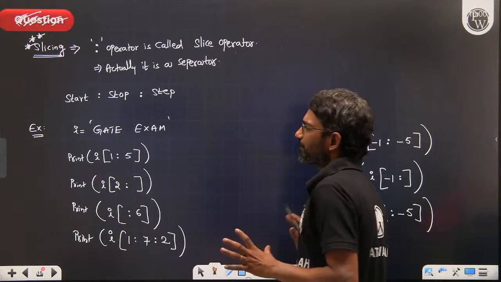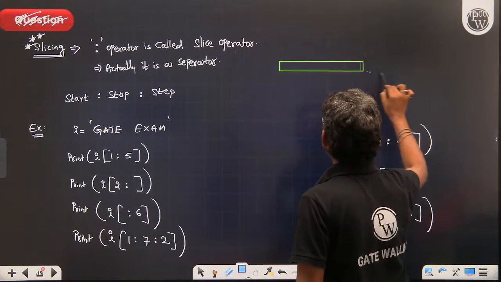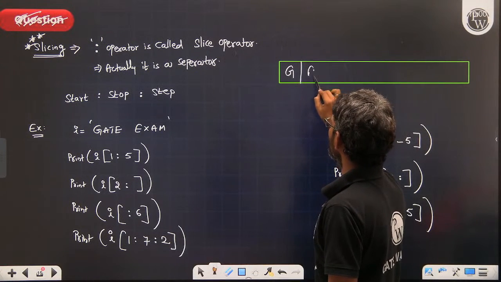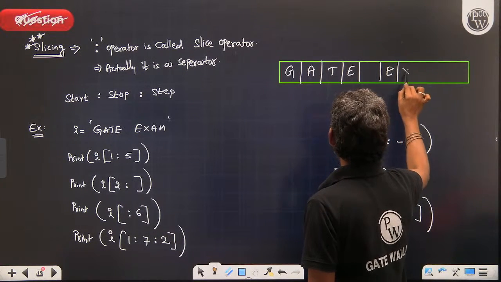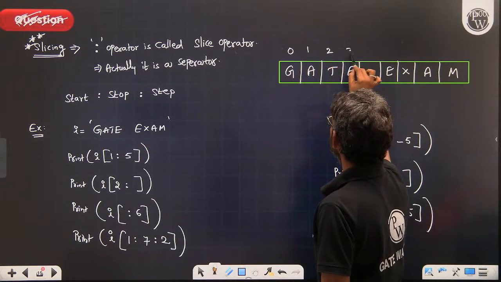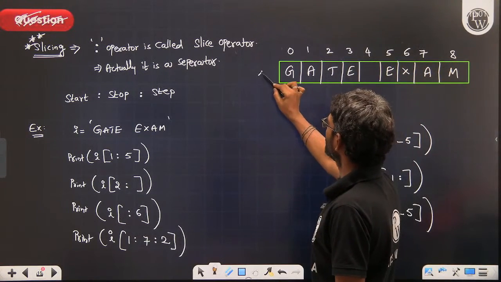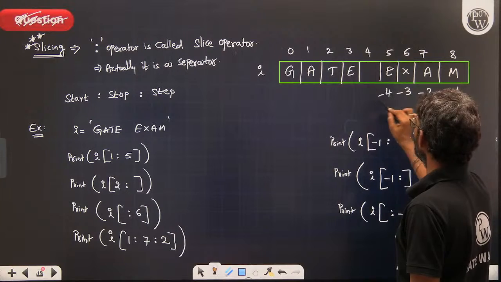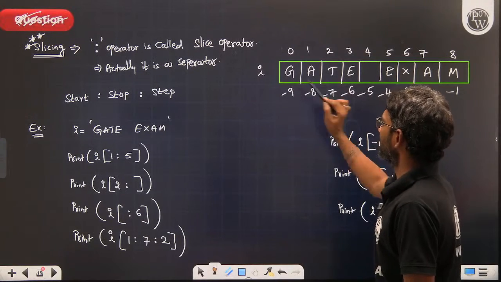If I write these different print statements, what would be the output? The given string is GATE exam, and negative indices will be -1, -2, -3, -4, -5, -6, -7, -8, -9.